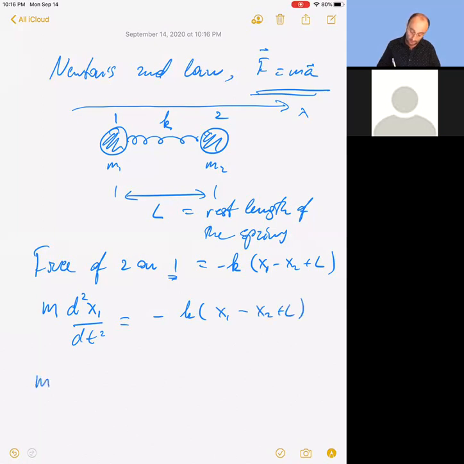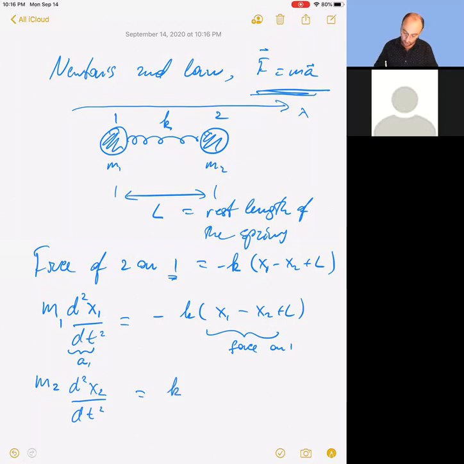And equivalently, this is mass 1, this is the acceleration of object 1, and this is the force on 1. So this is F equals ma. So this is the force on 1 equals mass 1 times acceleration of object 1. And mass 2 times the acceleration of object 2 equals, by Newton's third law, it's same magnitude, opposite direction, right?